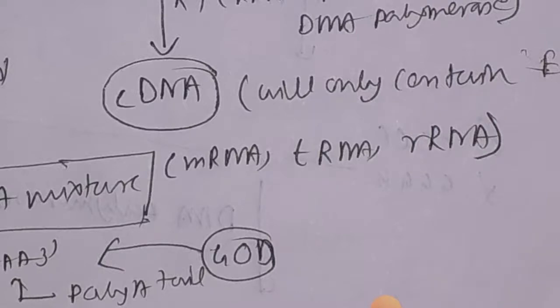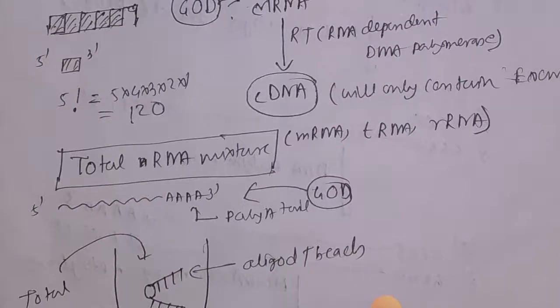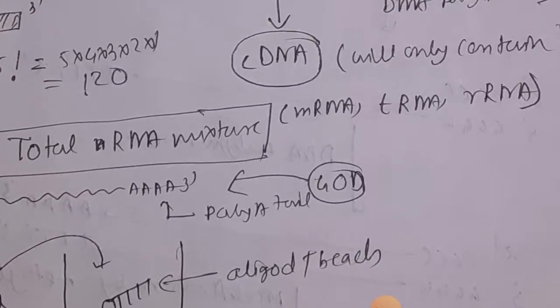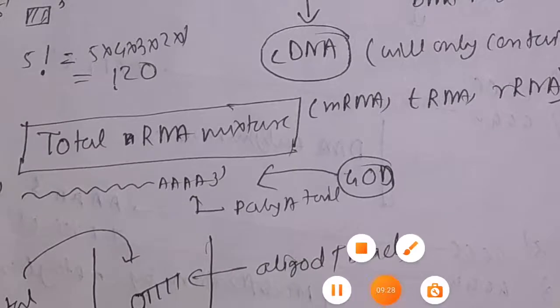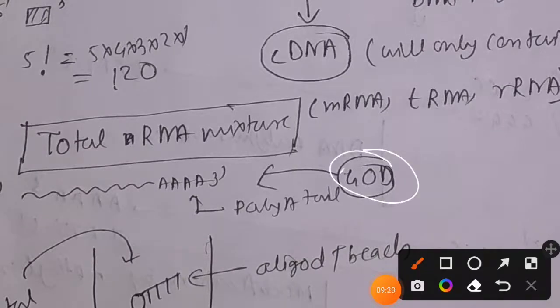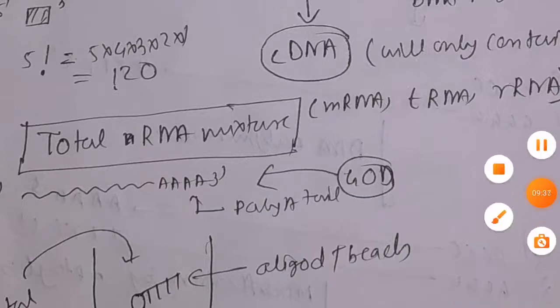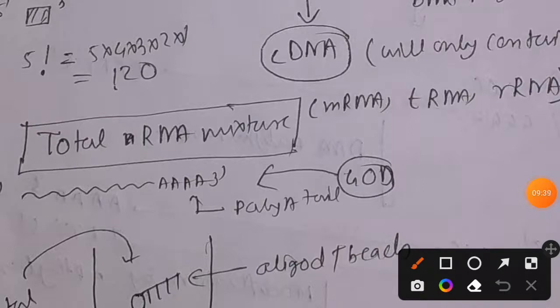So this again becomes an almost impossible situation. Under such circumstances God again helped us. He suggested that we look at the 3' end of the mRNA.